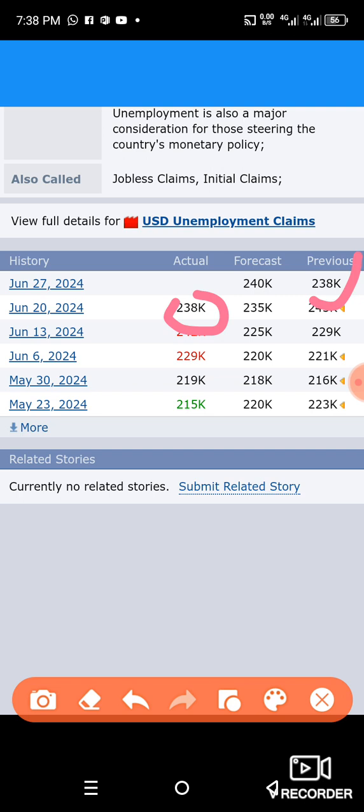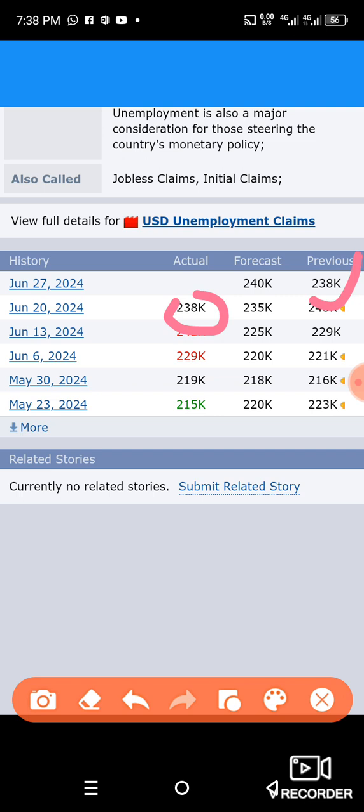That is why I told you guys it doesn't work in all news. And this news is what it doesn't work. Both USD news, once it is jobless claims, know that if actual is higher than previous and forecast, that is bad for the currency. It doesn't work.